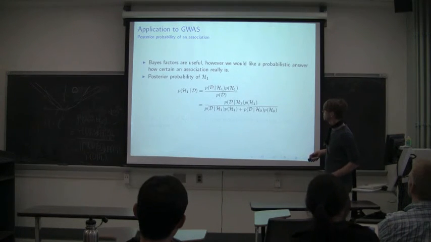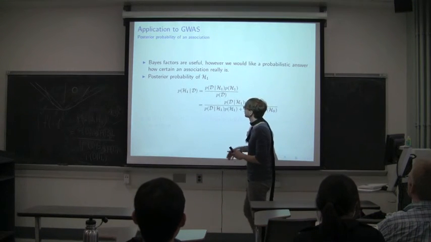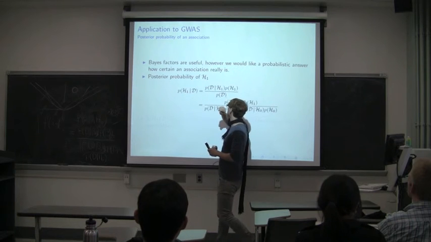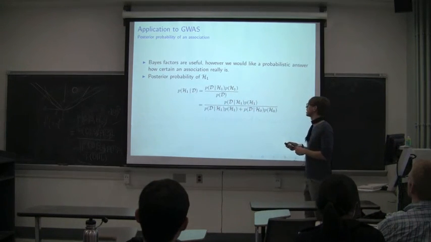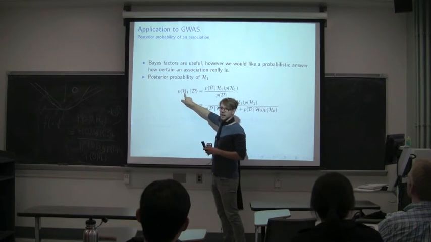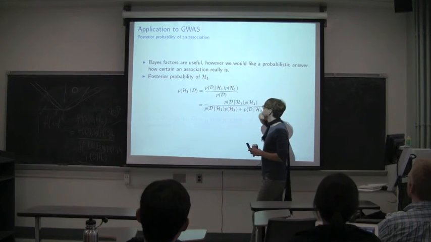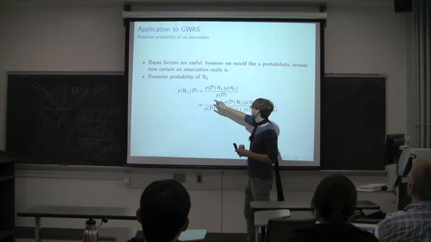Okay, so can we use that Bayes factor to compute a posterior probability of a model? So what is a posterior probability? Well, the probability that a hypothesis holds given a data set is exactly what we had before.